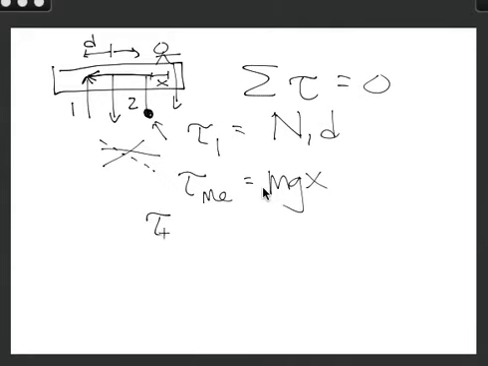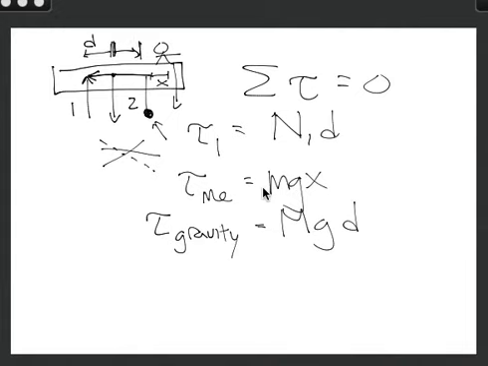And the torque on the table, the gravity on the table, is equal to, well, now gravity acts at the center of mass of the table. So it's going to be capital MG times d. That's this distance here.